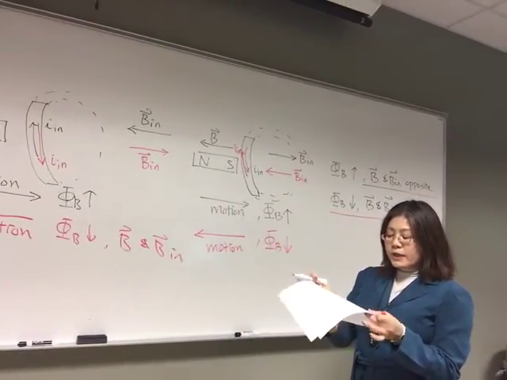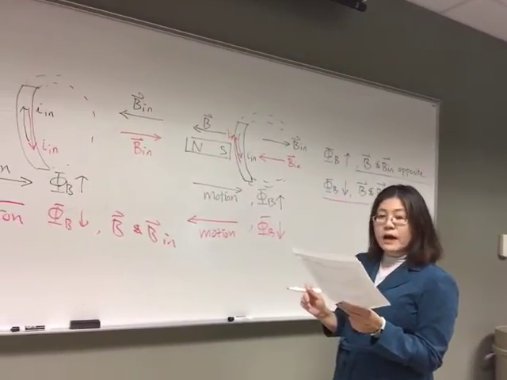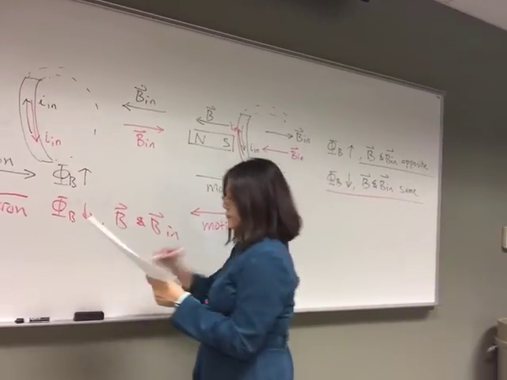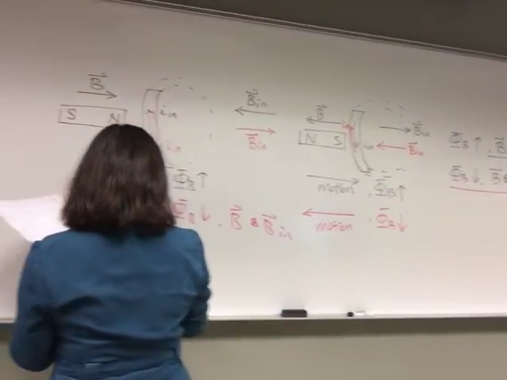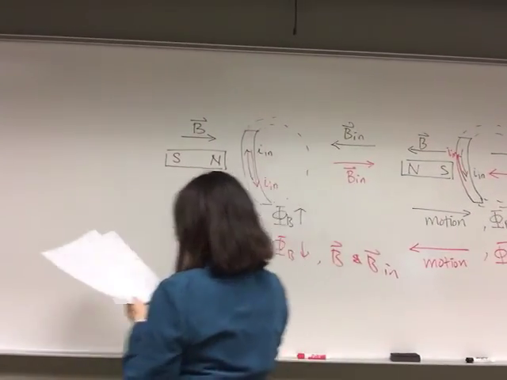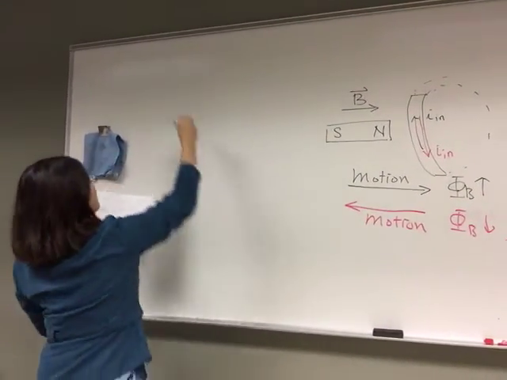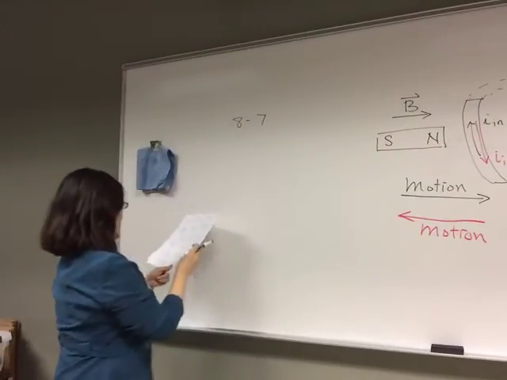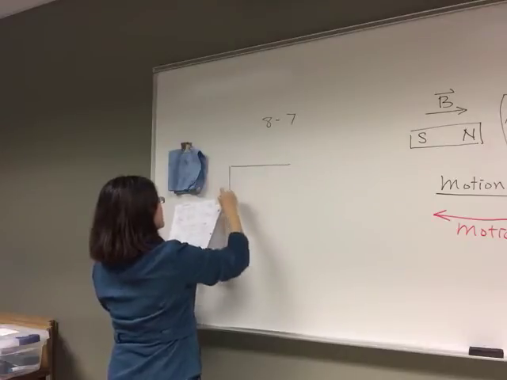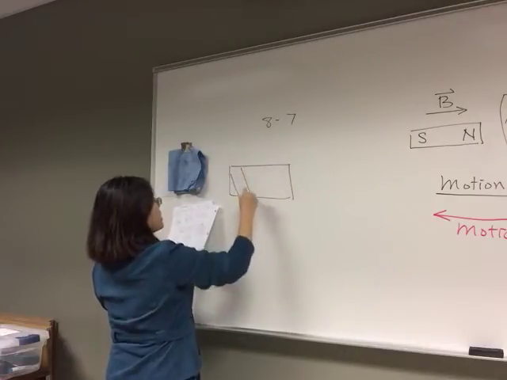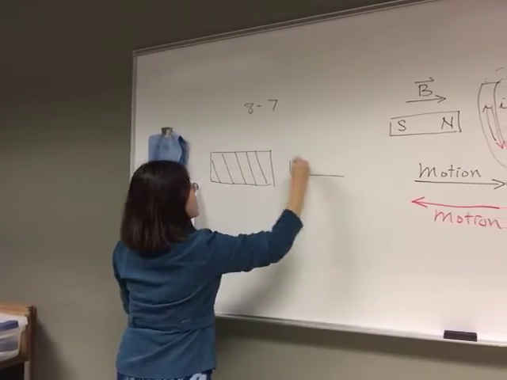Before that, there's an assignment I want you to do. I want you to complete the section on page 8-7. I'm going to do the first one, so let me draw the diagram right here. Do the full arrangements on page 8-7. You have a solenoid with the loop winding in that direction, and this is a bar magnet.